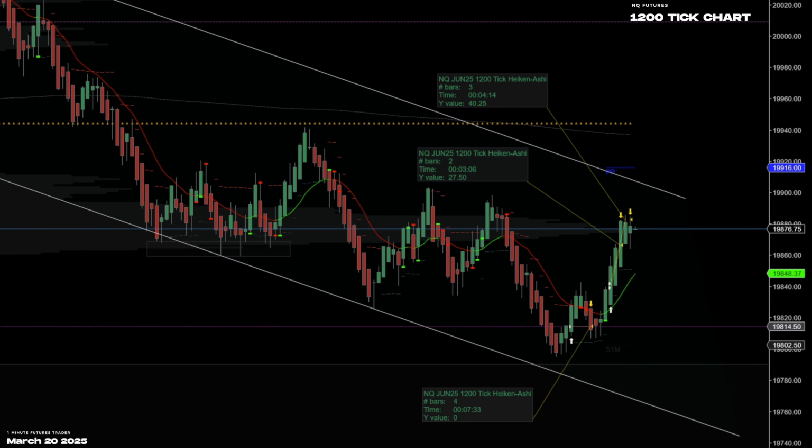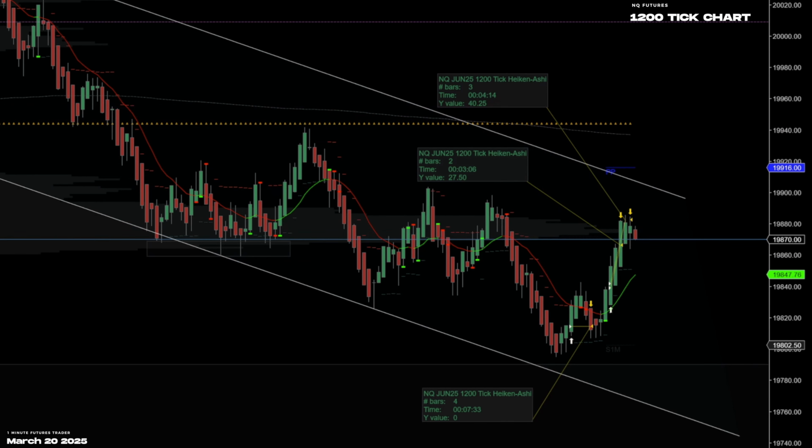The idea here was that I was looking at the bigger channel down, and I wanted to buy at the bottom of that bigger down channel. That was also lining up with the pivot level, the S1M level, on the bigger time frame below. So that was the idea of grabbing that bounce from the bottom of the channel.